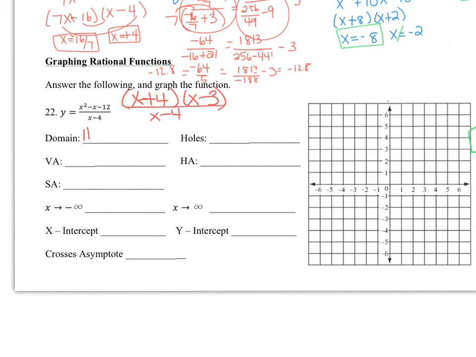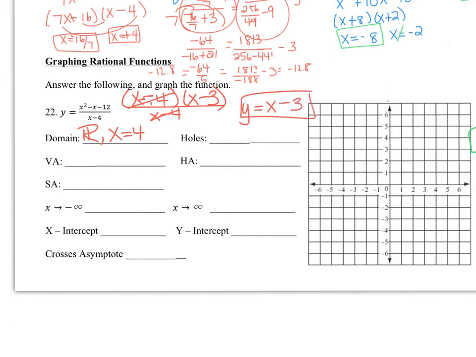The domain is all real numbers. That should be x minus 4. Except x equals 4. My x minus 4's cancel out, so I'm left with y equals x minus 3.